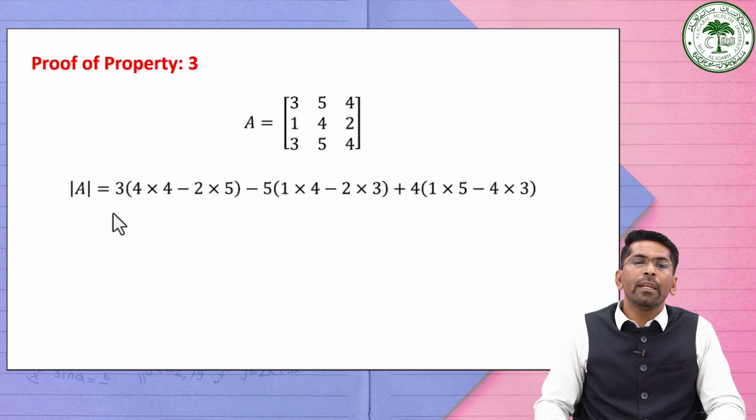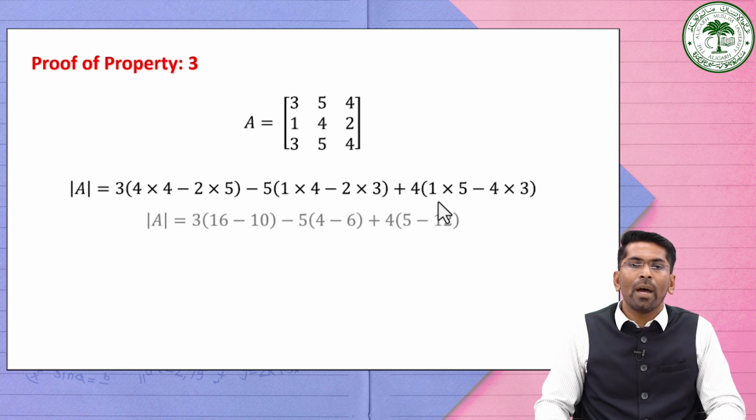If you go for finding the determinant value, consider the first element. Here it is 3 into, crossing the first row and column, 4 into 4 minus 5 into 2, minus, considering the second element, 5 into, crossing the second column and the first row, 1 into 4 minus 3 into 2, plus the third element, 4 into, crossing the first row and the third column, 1 into 5 minus 4 into 3.